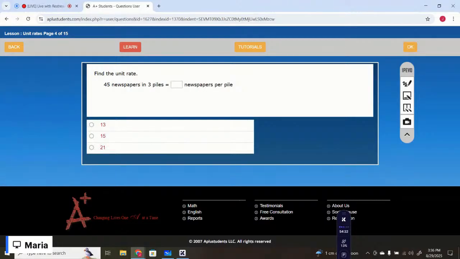45 newspapers in 3 piles. How many newspapers per pile? That is 15 newspapers per pile.